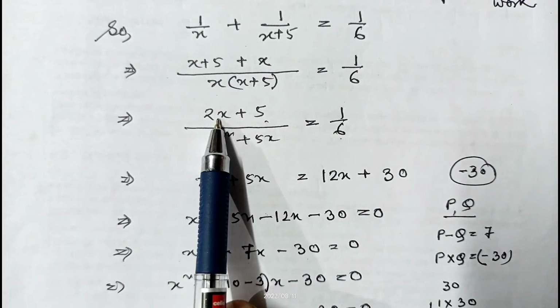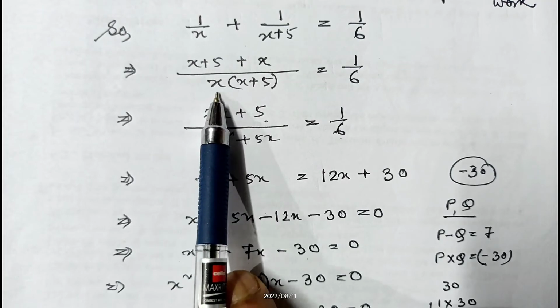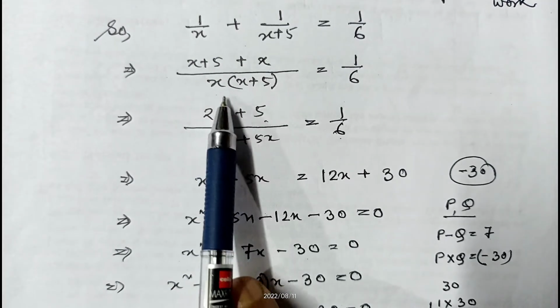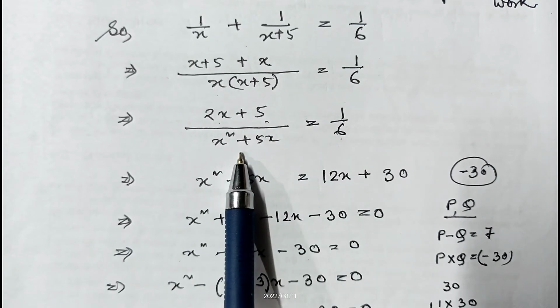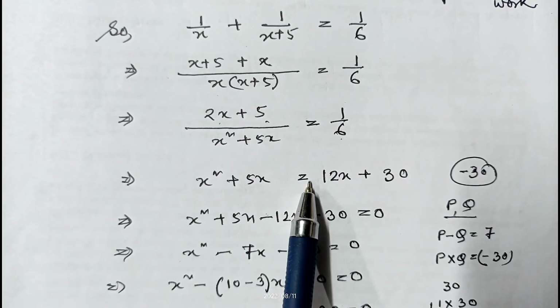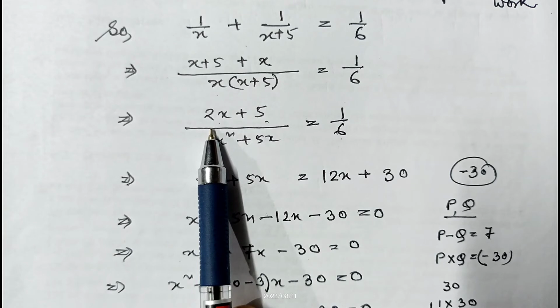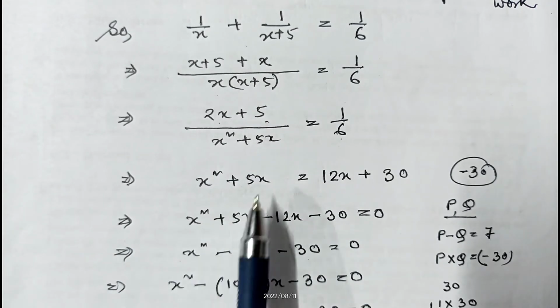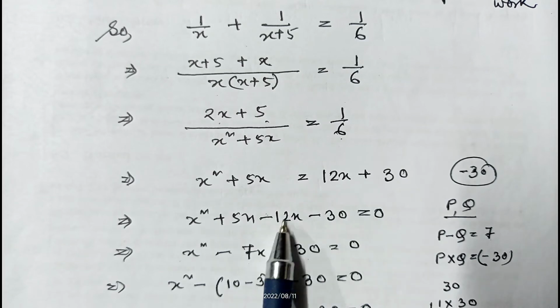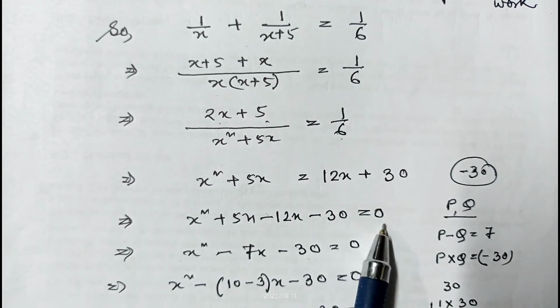X plus 5 plus X, that is 2X plus 5, divided by X into X plus 5, which is X square plus 5X, equals 1 by 6. If I cross multiply, it will be X square plus 5X equals 6 times 2X plus 5, that is 12X plus 30. So X square plus 5X minus 12X minus 30 equals 0.